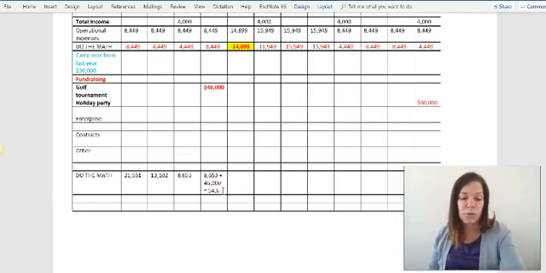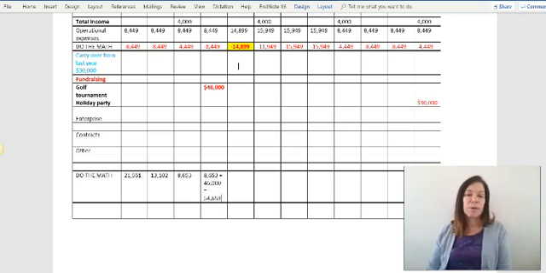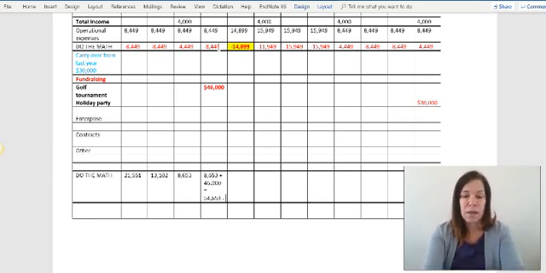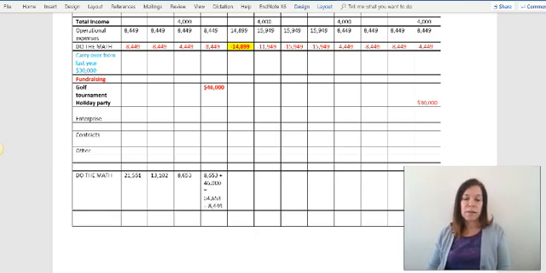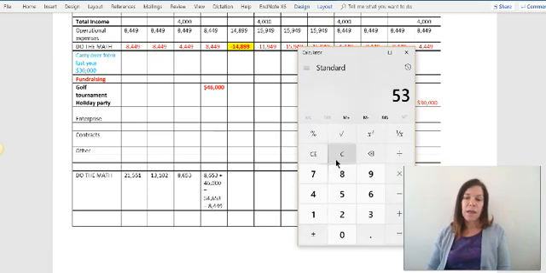Oops, 653. All right, so now we can subtract this amount right here, 8,449. Let's do that. Let's see, 54,653 minus 8,449 equals 46,204.